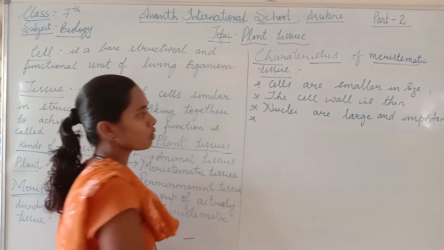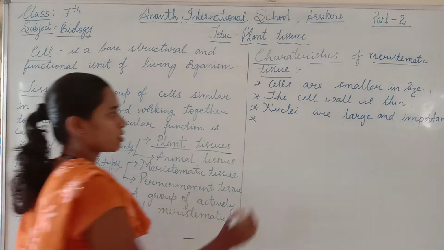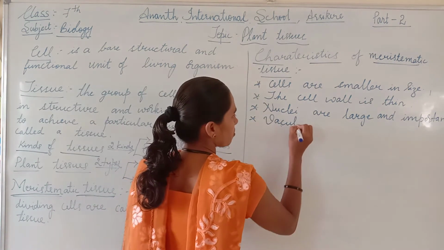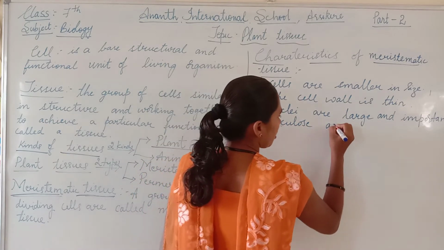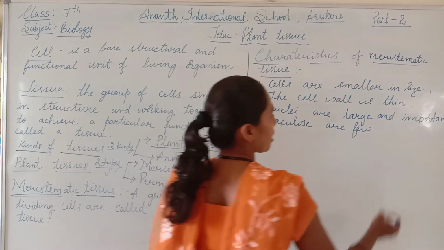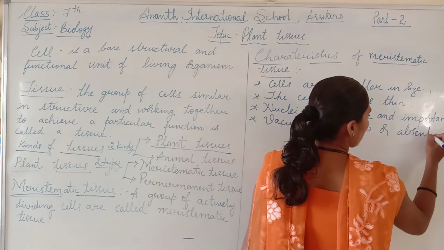Then the fourth characteristic of meristematic tissue is vacuoles. Vacuoles are few or absent.